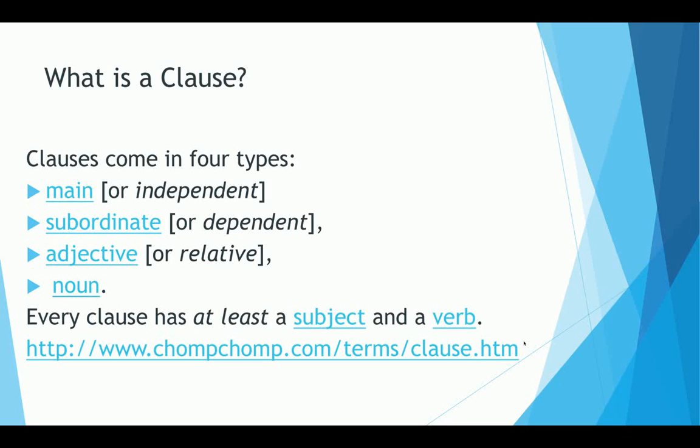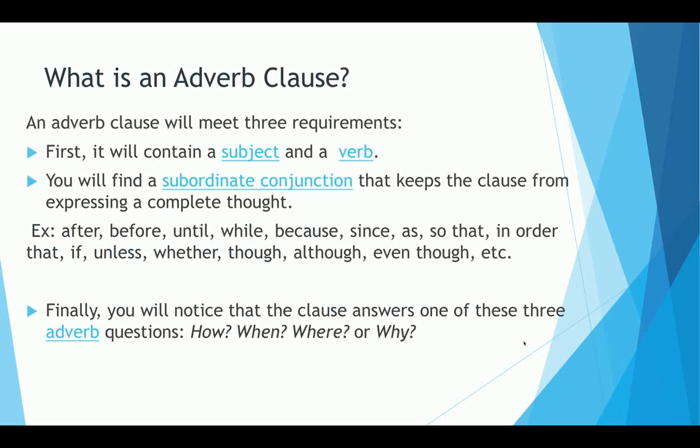So the next big question we have is, what is a clause? Clauses come in 4 types: main or independent, subordinate or dependent, adjective or relative, and noun. Every clause has at least a subject and a verb. What is an adverb clause? An adverb clause will meet 3 requirements.